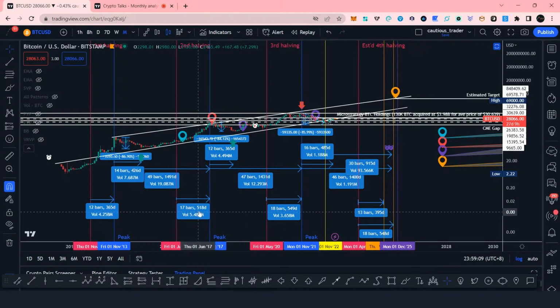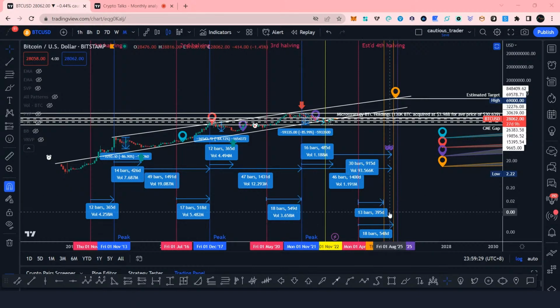Here it's around more or less 2 years, more than 1 year, 365. More than 1 year, 1.4 years, and this one around 549.